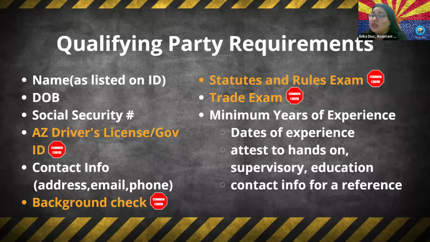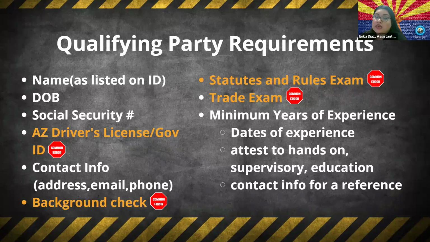They have to go through these steps in order to be listed on the application. We do ask for their full name, social security, date of birth, their personal information, and contact information. They are required to have a background check. And again, they are the ones who are taking those exams.